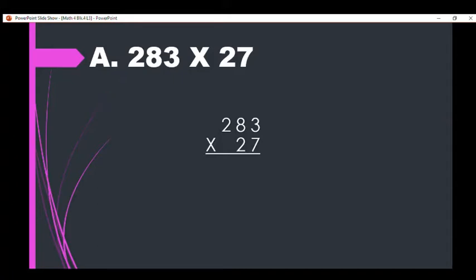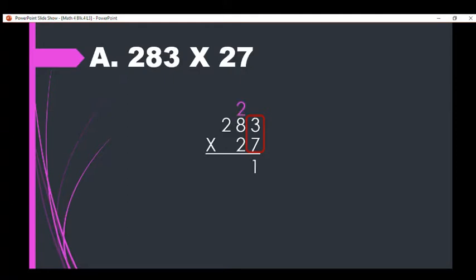The first thing we need to do is multiply 7 times 3, that is 21. Because 21 cannot be put in our ones, we write 1 below and carry 2.